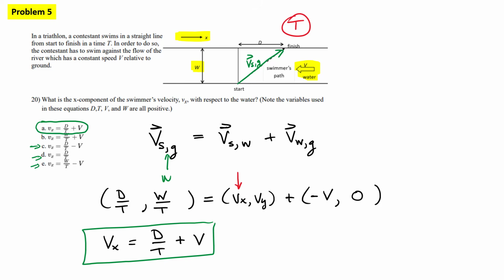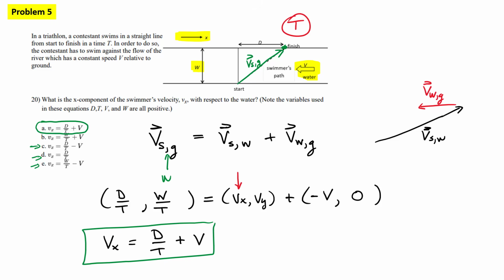Only A and B are actually bigger than V, because if you think about how you end up right here at the finish line, the vector diagram should look something like this. You actually have to swim like this. This is the swimmer relative to the water, because in this case, we've got the river that is pushing you like this. This is the velocity of the water relative to the ground.